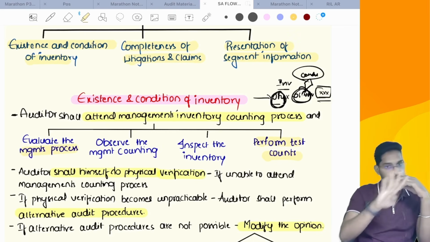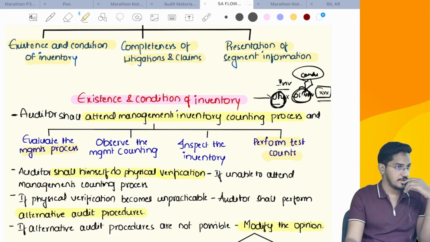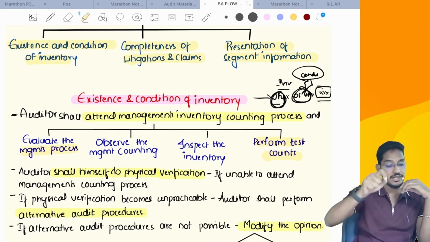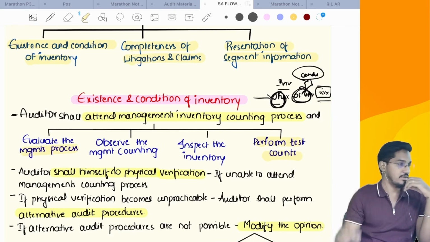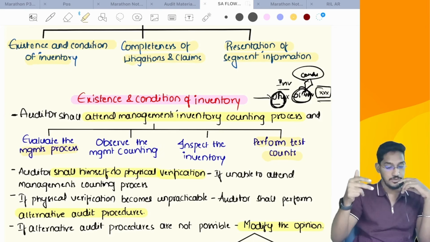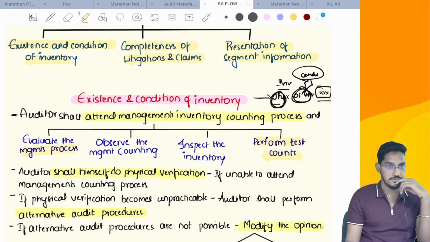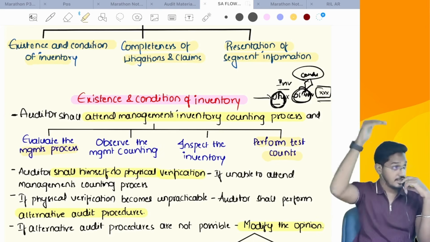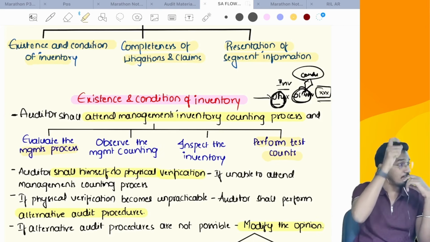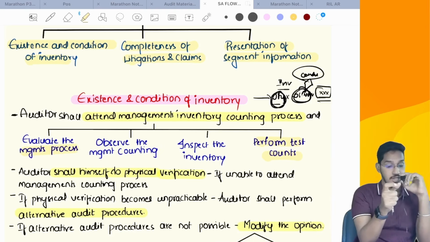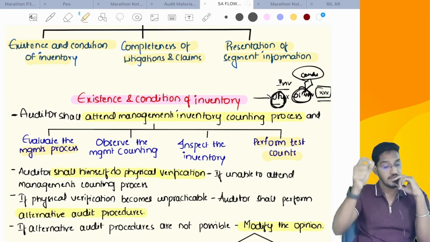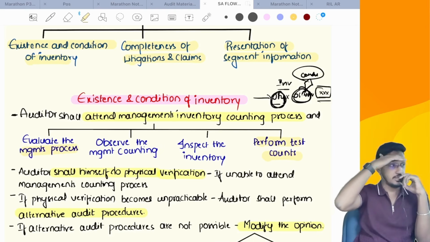In every option, all the 4 things are there. But how the options are structured is, option A: evaluate, inspect, test count, observe. Second option: observe, evaluate, perform test count, inspect. So you have to choose the correct order. Evaluate, observe, inspect, perform test counts.